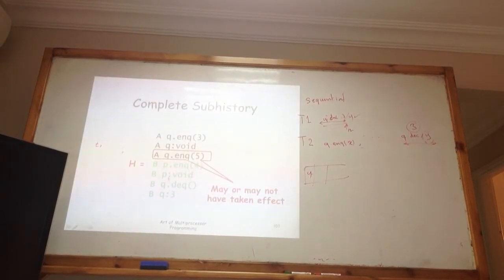This means it's maybe done, maybe not; I'm not sure yet. It doesn't matter, this is just a way to describe what happens. We're not reasoning about it, just describing. Whether the enqueue of 5 in Q is done or not, you don't know.